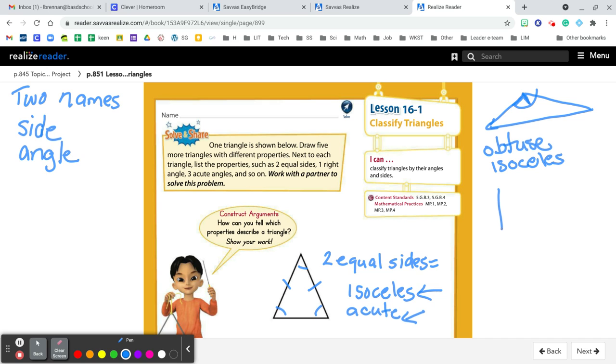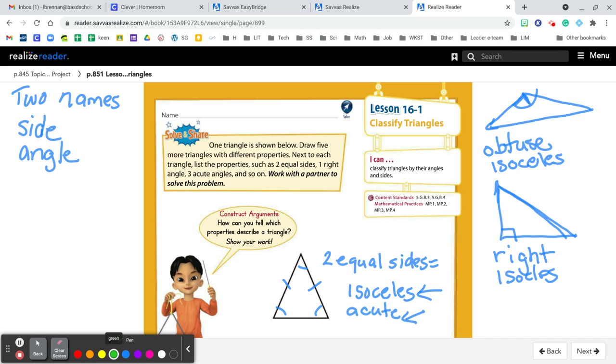We can have an isosceles right triangle. So we'll call this a right isosceles, with equal sides there. And we have the acute isosceles. So there's 3 right there.